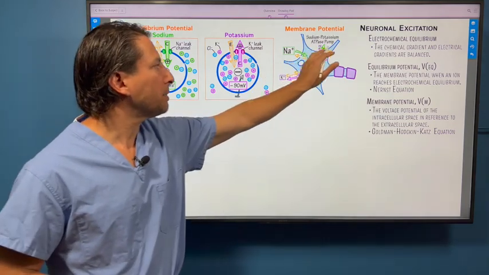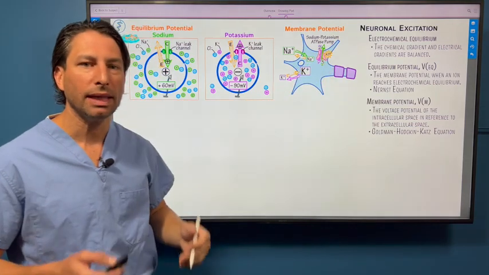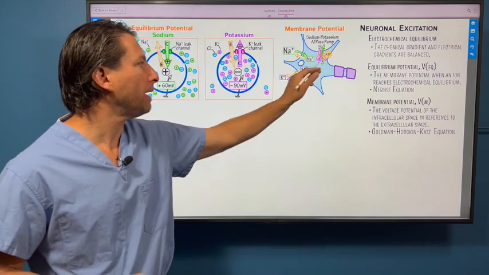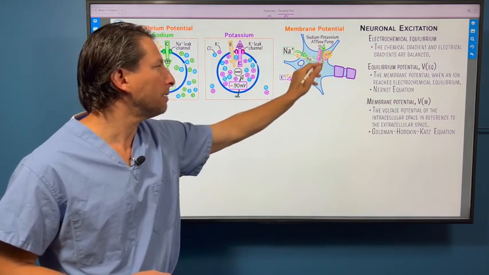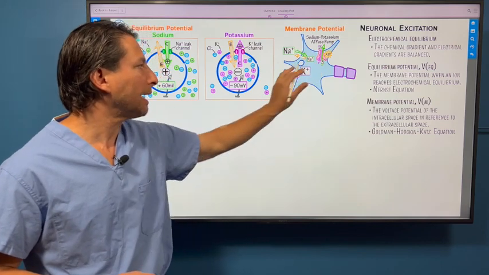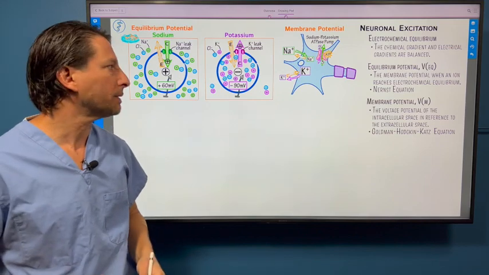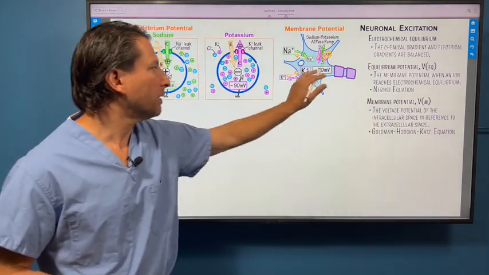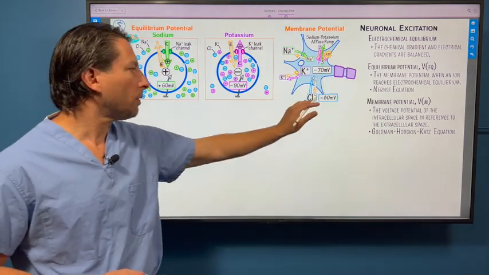And then there's this sodium-potassium ATPase pump. Now, it requires ATP, it requires energy, because it's pushing chemicals against their gradients. So sodium is being pushed out and potassium is being pushed in to counterbalance the natural directionality of these chemicals. Overall, the membrane potential for the neuron is negative 70 millivolts. So we introduce chloride.